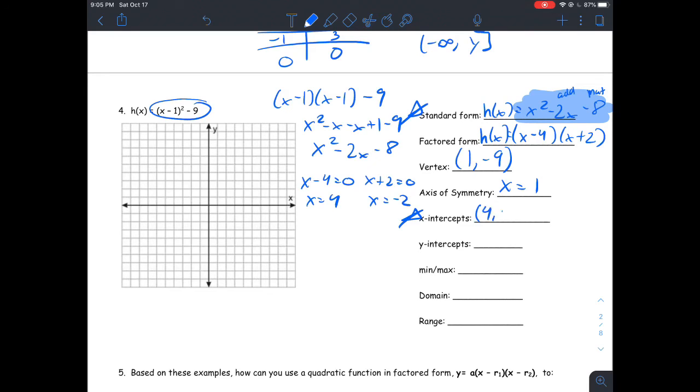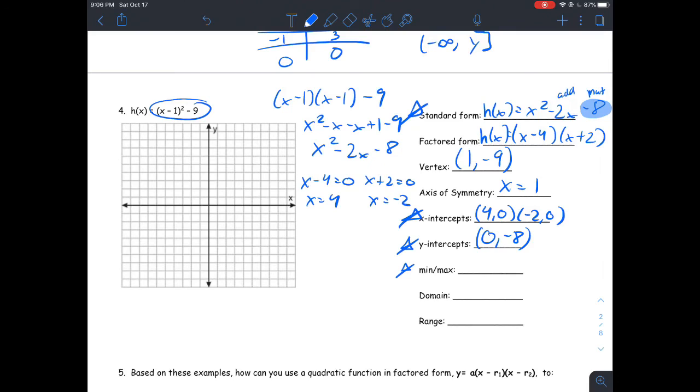So our x-intercepts are going to be 4, 0 and negative 2, 0. Now I want you to tell me what the y-intercept would be. Remember, we get the y-intercept from the c value of our standard form. So that's going to be 0, negative 8.